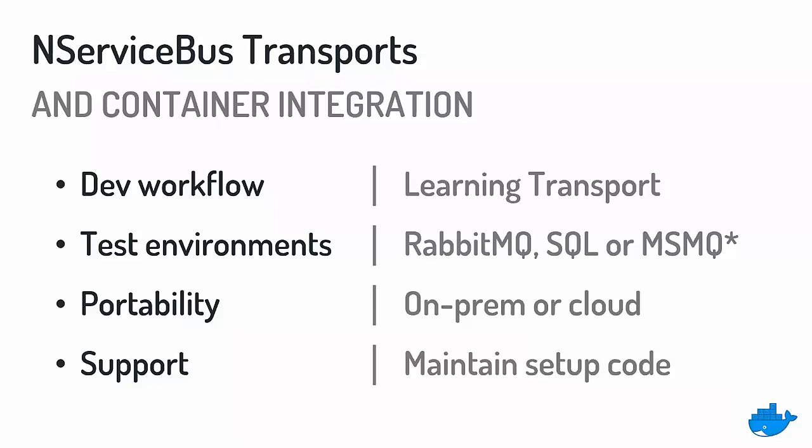In the first cut, they didn't think MSMQ was going to be something that people wanted. And then all the NServiceBus users and anybody else who was using MSMQ said, well, yeah, absolutely. If I can run my MSMQ in a container and have it run at the same service level as the rest of my application, which is all running in containers, then that would be cool. So Windows Server 2019 supports that.